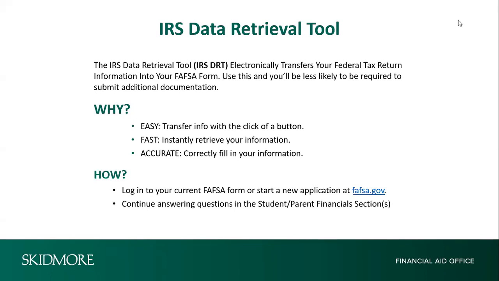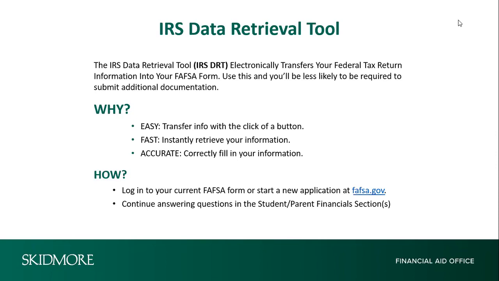So successfully using it means your data is accurate, and also means you probably won't have to go through extra steps with the college down the road. So, I mean, it's pretty easy. It's just a little more data that you have to complete in order for the IRS to verify you are who you say you are.